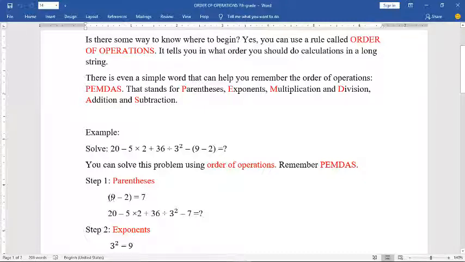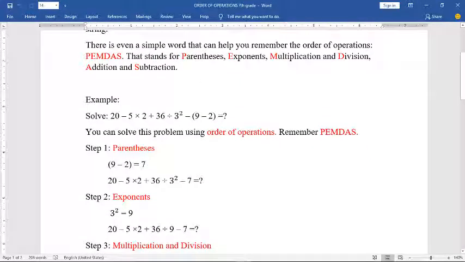So I write down the problem inside the parentheses, which is 9 minus 2, and the answer is 7. As you can see, my problem became shorter than before, because at first I had 9 minus 2, now I only have 7.